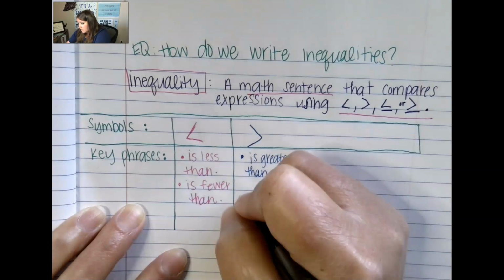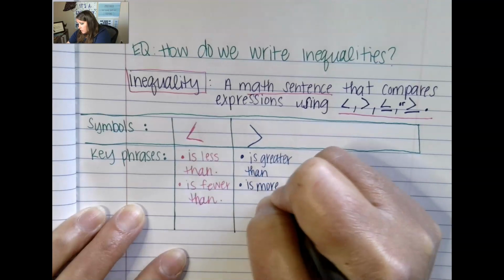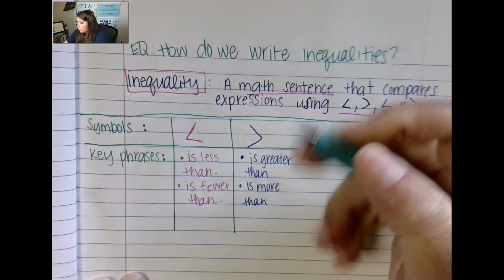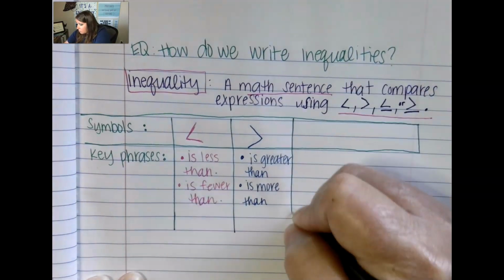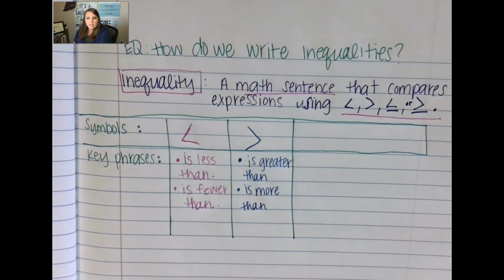We might also come in contact with is more than. So we have greater than, more than. Those are our phrases for greater than and less than.